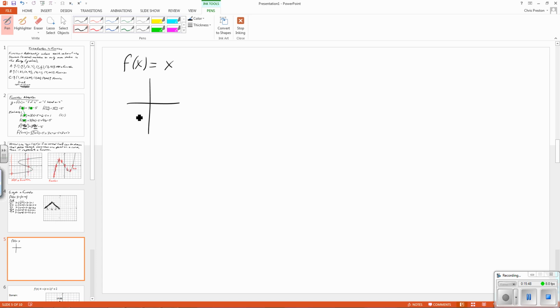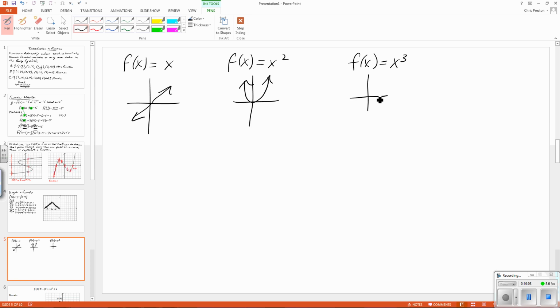This is your basic diagonal line. f of x equals x squared. This first one is called the identity function. This one is a squaring function. It has a general shape, something like that. f of x equals x cubed. The cubing function looks something like that. It's a continuous curve. I'm just doing my best here.